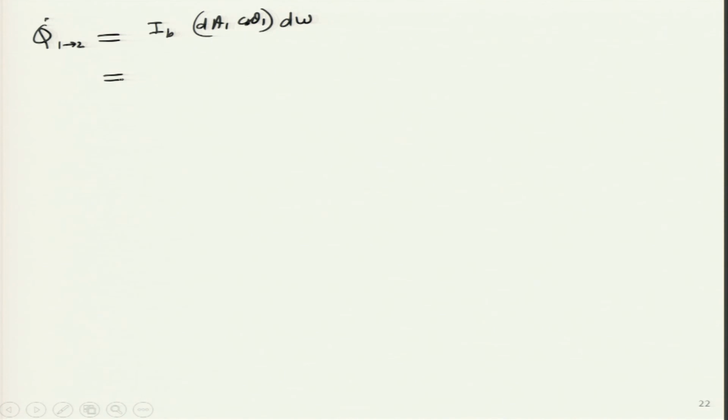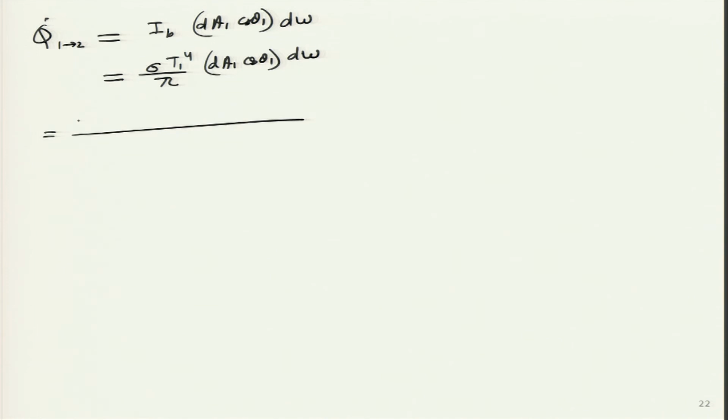This is simply sigma T1 to the power 4 over pi, times area 1 dA1 cos theta 1 d omega, and all these values are known to me. Sigma value is known, 5.67 into 10 power minus 8, T1 to the power 4. What was the temperature we had assumed? 500 Kelvin.